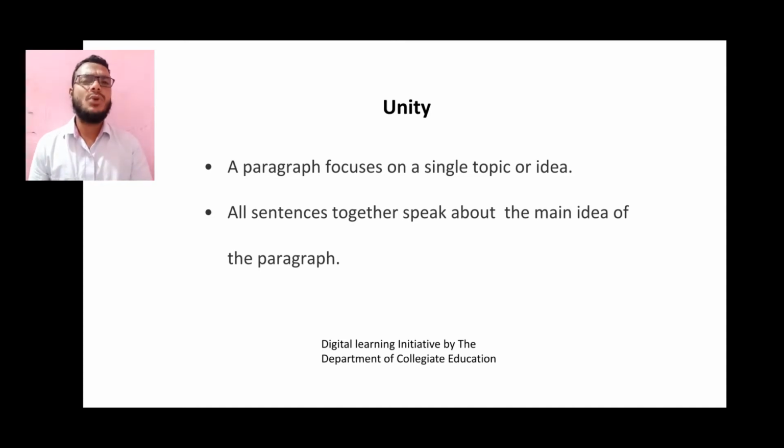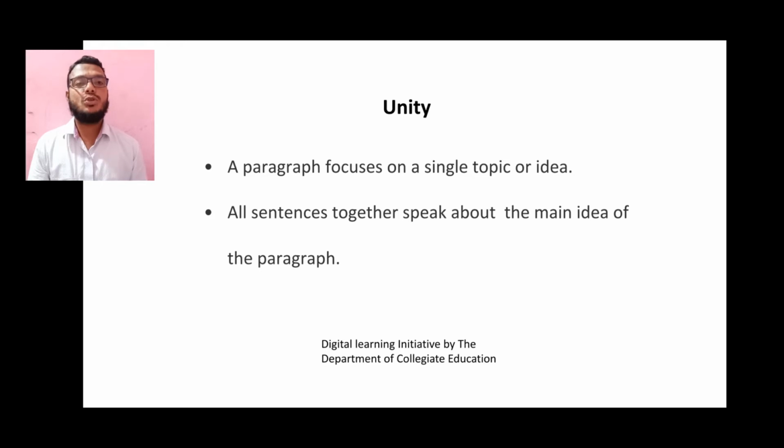For example, if you are writing a paragraph about mobile, you cannot write only mobile in the whole paragraph, but the main thing I mean to convey in unity is that we should not deviate from the main topic. When telling about mobile, we should not go and speak about television. This is the important thing to keep in mind.